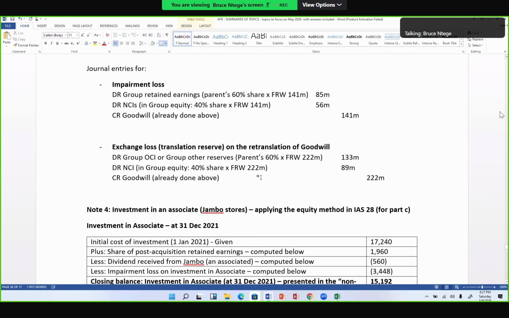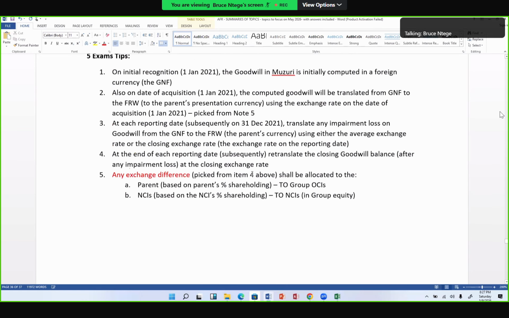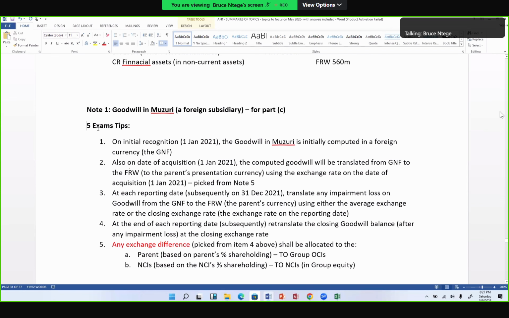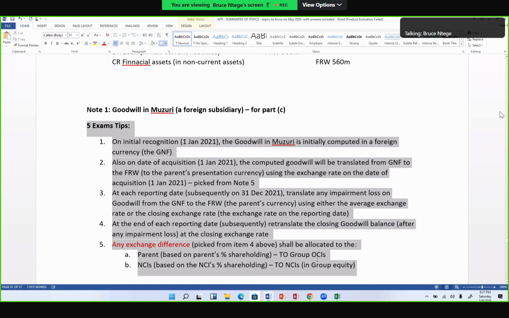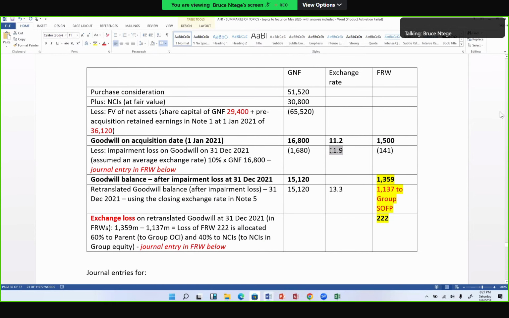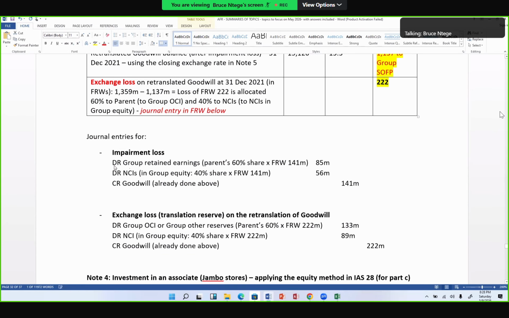Please, the 5 tips I've given you here, be with them always. In the process, there was an impairment loss, which you chose to use average exchange rate. You can choose to use the closing exchange rate. Tell the examiner what you have chosen. But don't forget to do the double entry because your balance sheet will not be complete.